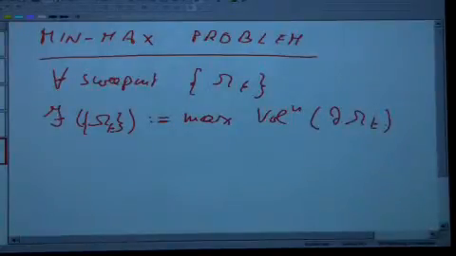And then my min-max problem is going to look at the infimum of all f of omega t among all sweep outs.